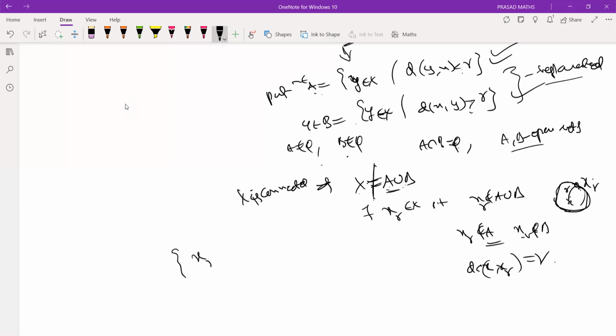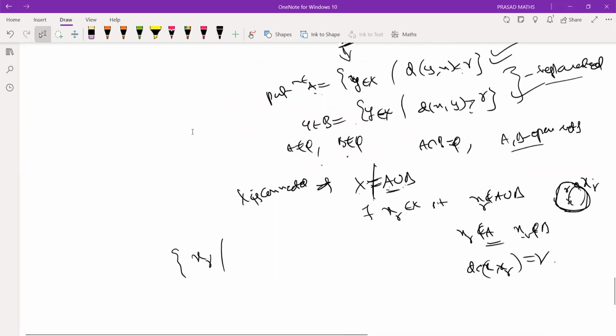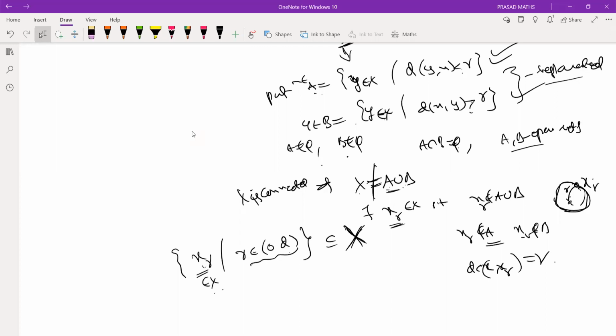So what is this? This x_r, when you give me r, just go back to this. When you give me an r lying between 0 and d, we get a point x_r which is in X, because x_r is an element of X. So once you give me r, I find an element in X. How many elements do you get?